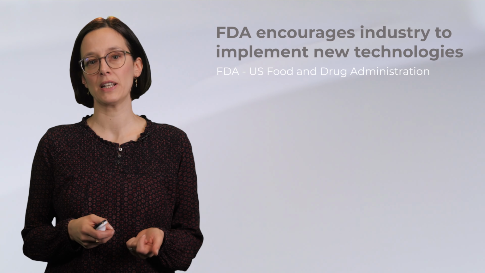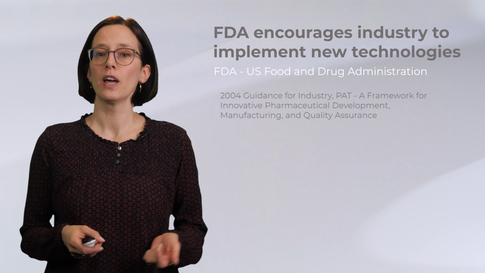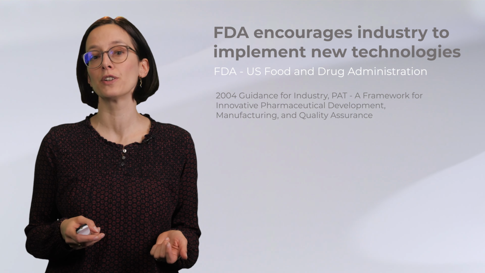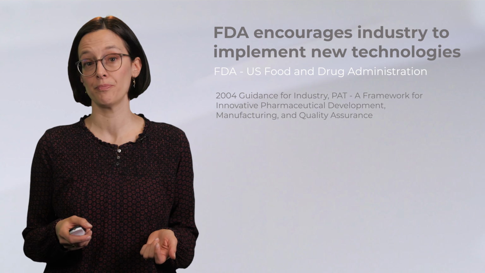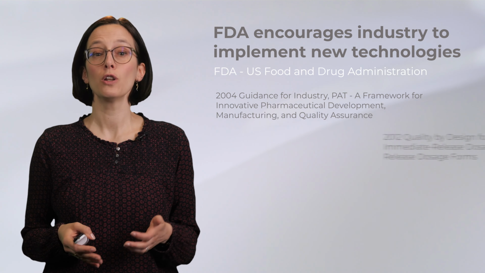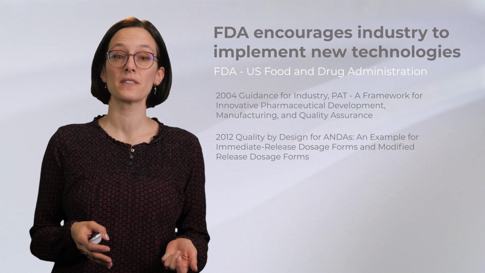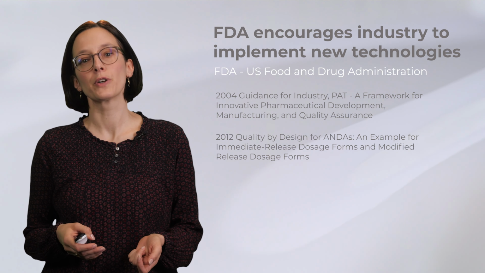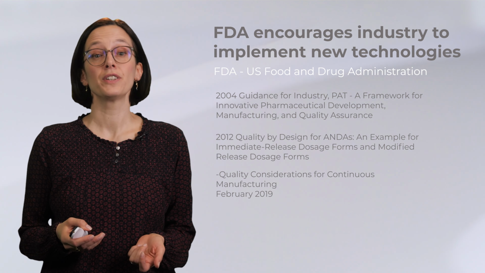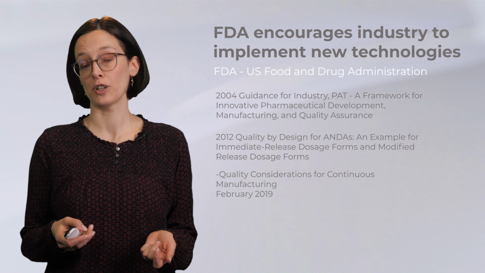As I already mentioned, the potential of continuous manufacturing and process analytical technology was realized early by the FDA. In 2004, a framework for innovative pharmaceutical development, manufacturing and quality assurance was published by the FDA. It contains key elements relevant for continuous manufacturing, followed among others by relevant documents in 2012 about the quality by design approach and in 2019 about quality considerations for continuous manufacturing.